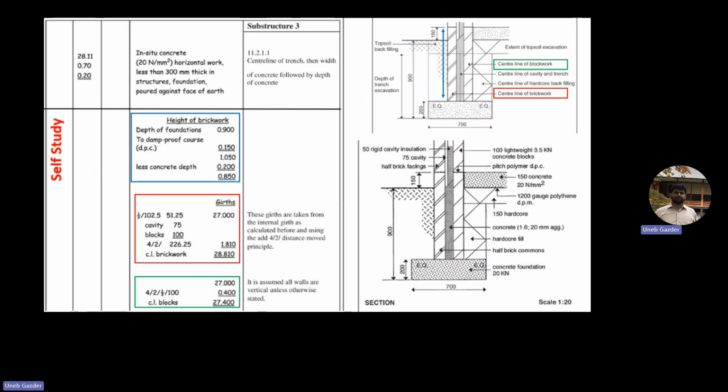The footing is made of what? Footing is made up of concrete, right? And you are calculating concrete or bricks? Wall, brick. You forgot what you were calculating. Concrete is done. We're talking about this one. So we have to subtract the concrete depth.